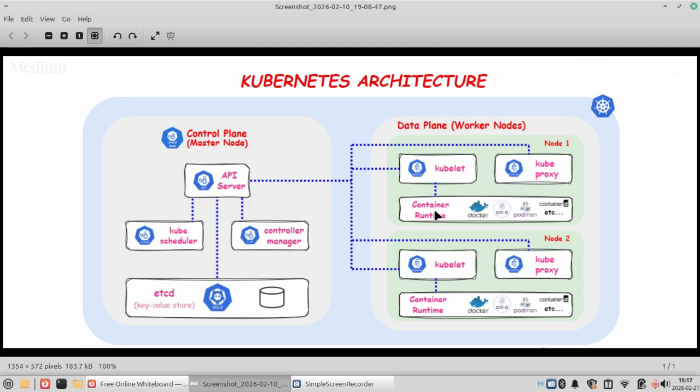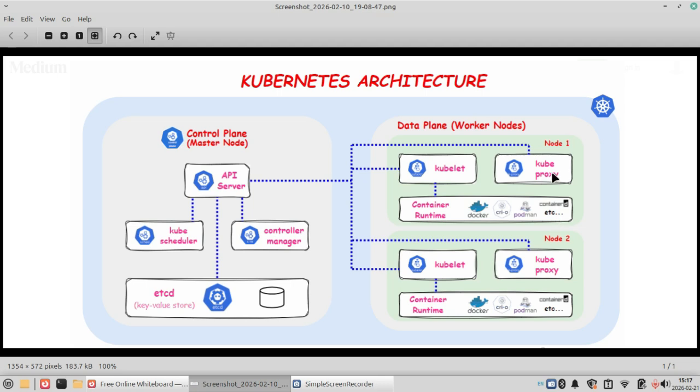So it handles image management, container creation, container execution, resource management, and the rest of the stuff. Now, the popular container runtimes include Docker, CRI-O, Podman, rkt, Containerd, etc.